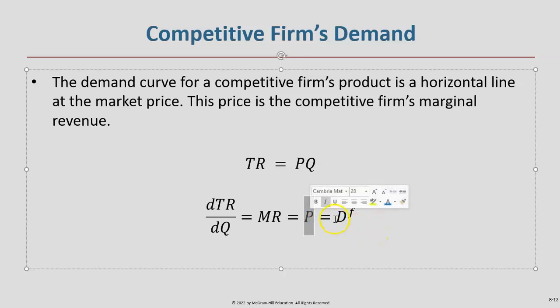So the business firm has to take the market price as its demand curve. Okay, in this situation, the competitive business firm can sell all the product that it wants at the market price.